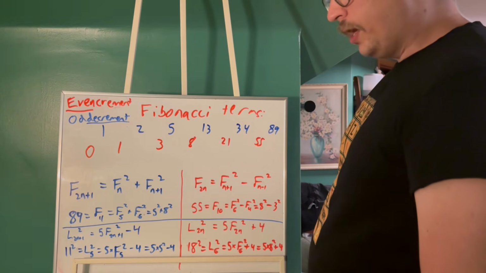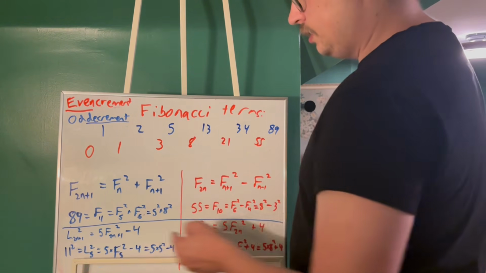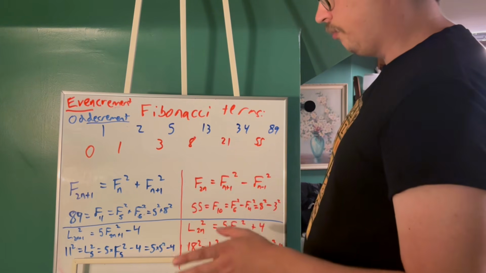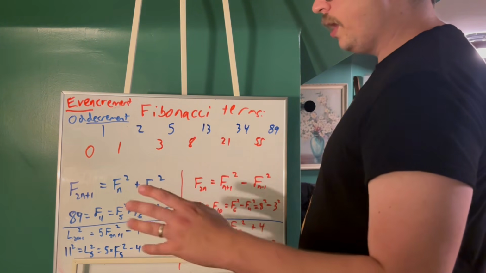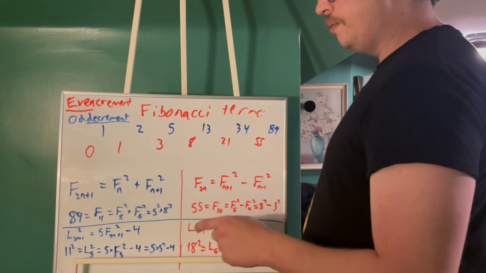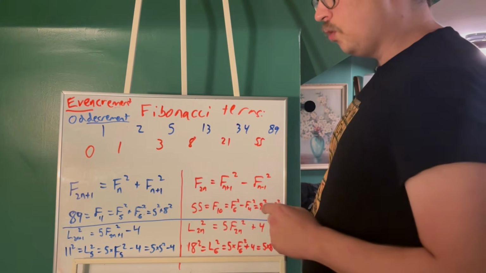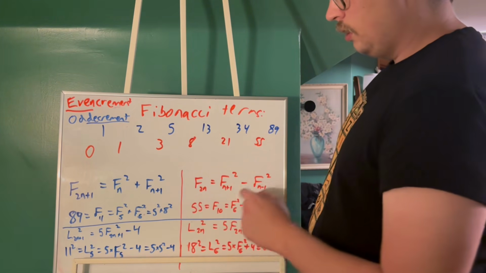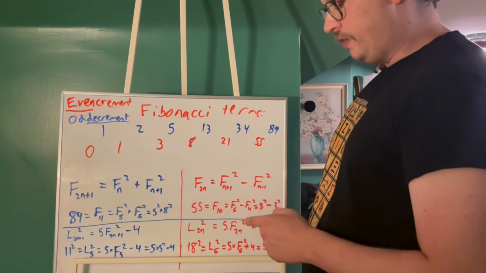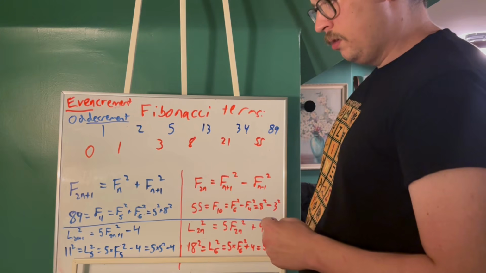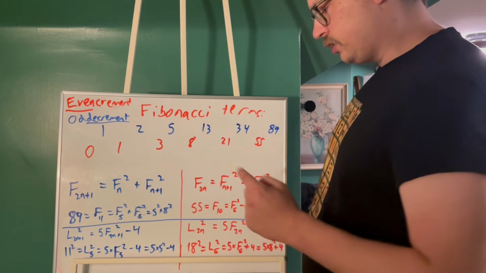And the third and final way is you have these relations between the Lucas numbers and the Fibonacci numbers. So the Lucas number of odd index squared is equal to 5 times the Fibonacci number squared minus 4. And the Lucas number of even index is equal to 5 times the Fibonacci number of even index squared plus 4. So here it's a minus 4 and here it's a plus 4.